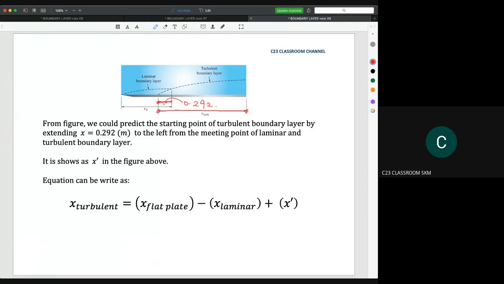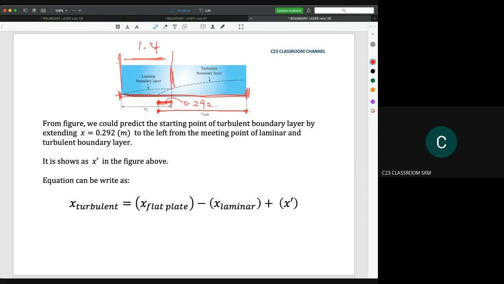We know the total length here is 4 meters, and the laminar-only length is 1.4. And the starting point is actually 0.292 to the left.